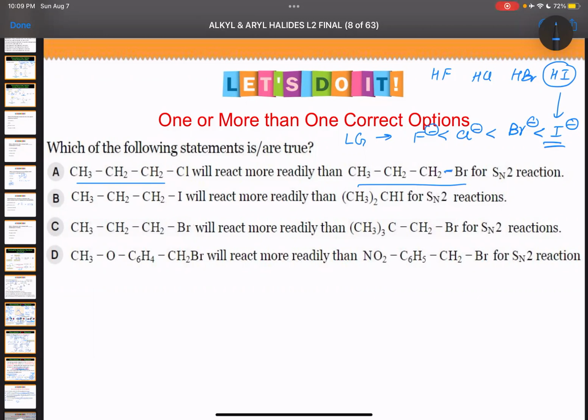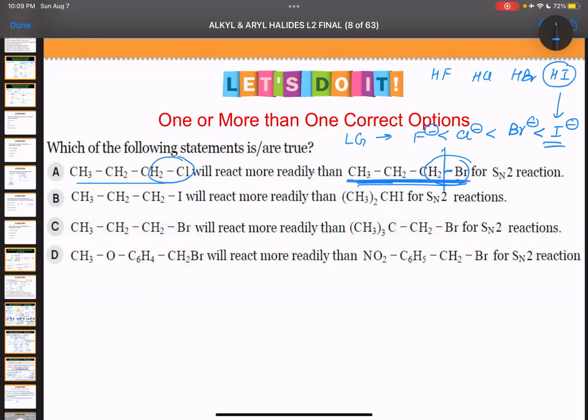You should keep this in mind, very important thing. Or if nothing is working, you can also compare the bond strength. You do not have to remember the actual bond energies. You can just compare which one is longer, which one is shorter. The longer one is going to be weaker, it is going to break away more easily, so this is faster.